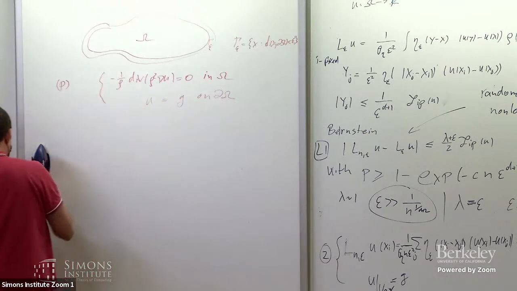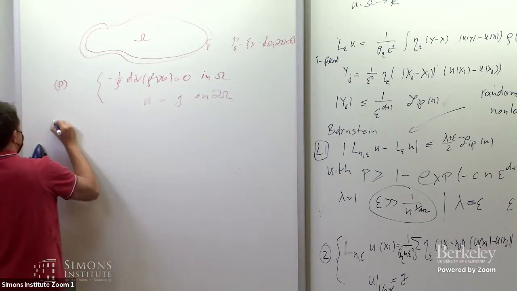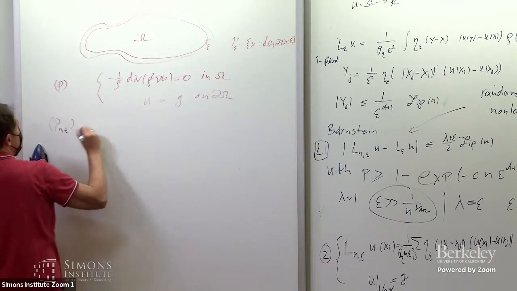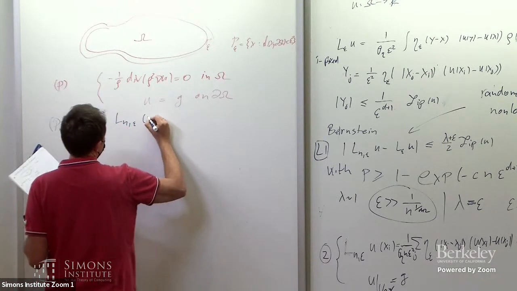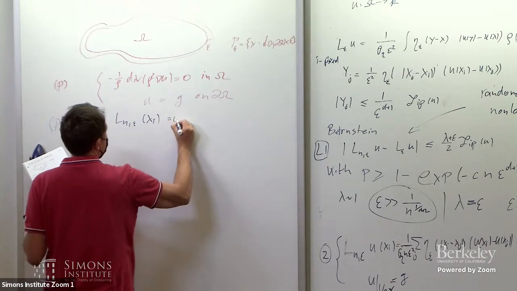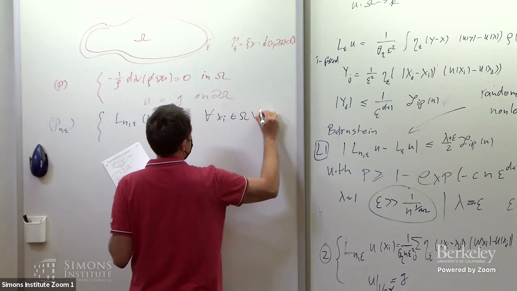And I also have the graph problem, P epsilon, which says that L epsilon u epsilon at xi is equal to 0 for all xi lying in omega without gamma epsilon.